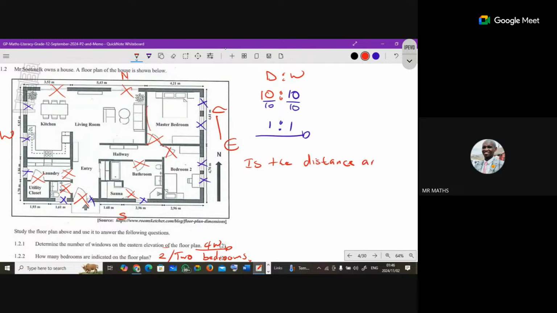The distance around the what? Around the house or around the floor plan. Around the floor plan. I hope it makes sense. So it's the distance. This is question number one.